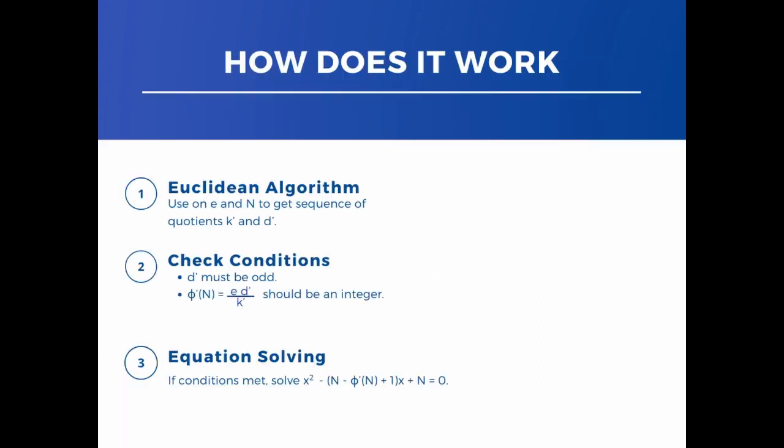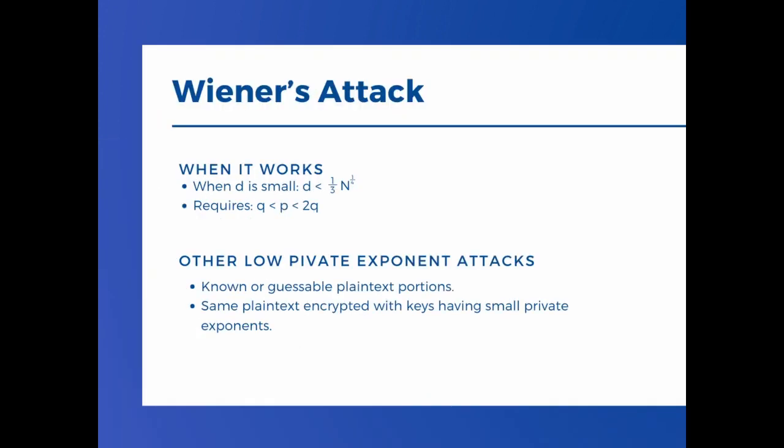In practice, we apply the Euclidean algorithm to E and n, yielding a sequence of quotients that will be our candidates for k and d. We look for pairs that satisfy specific conditions, like d being odd and phi of n being an integer. Once we find such a pair, we solve a quadratic equation to identify the primes p and q, the building blocks of n.